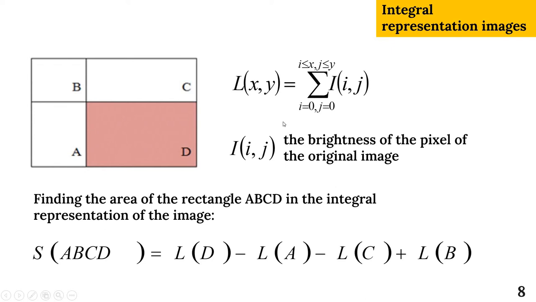Each element of the matrix is the sum of pixels in a rectangle. The calculation of such a matrix takes linear time, proportional to the number of pixels in a given image. Therefore, the integral representation is calculated completely in one pass.